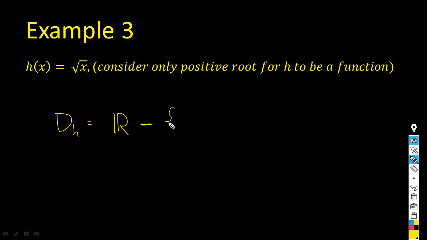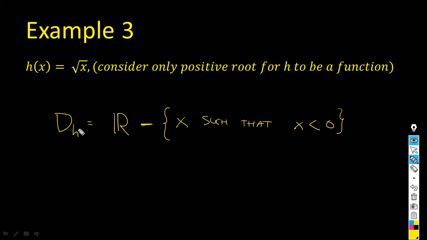These are keys. Let me draw it in a better way. Except all the numbers x such that x is less than 0, or x is negative. This means that x is negative.